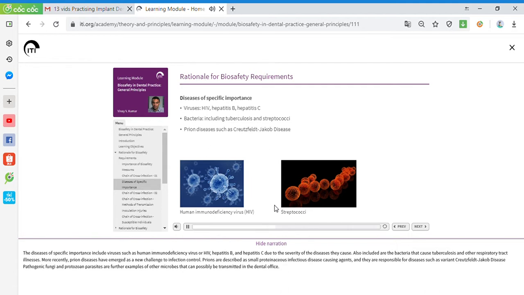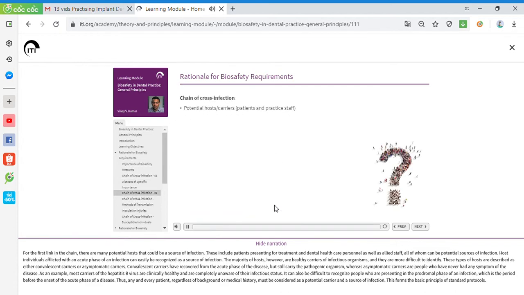More recently, prion diseases have emerged as a new challenge to infection control. Prions are described as small proteinaceous infectious disease-causing agents, and they're responsible for diseases such as variant Creutzfeldt-Jakob disease. Pathogenic fungi and protozoan parasites are further examples of other microbes that can possibly be transmitted in the dental office.